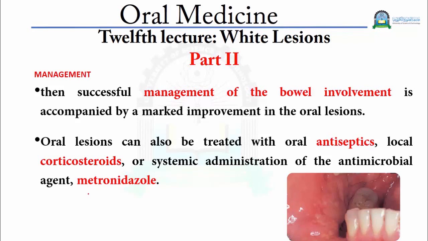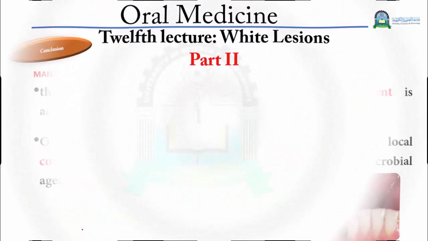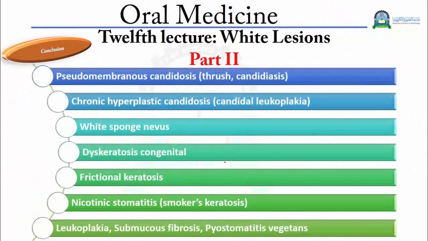The oral lesions can also be treated with oral antiseptics, as there is ulceration of the pustules and pus secretion. Local corticosteroids can also be useful, and systemic administration of an antimicrobial agent such as metronidazole to manage the infection.